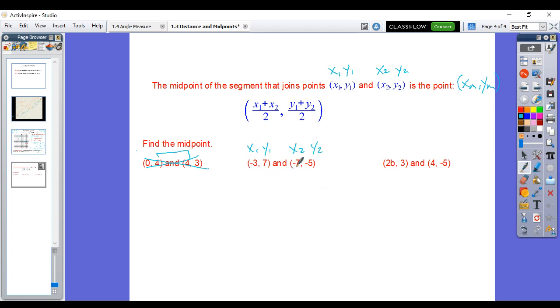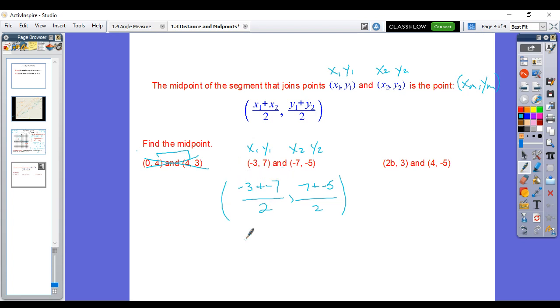All right, so we're going to take the value of our x's and add them. So we'll do negative 3 plus a negative 7 over 2, comma, y1, 7 plus a negative 5, which is y2, over 2. And again, we're getting an ordered pair, so the coordinates. So it's still parentheses. So negative 3 plus a negative 7.